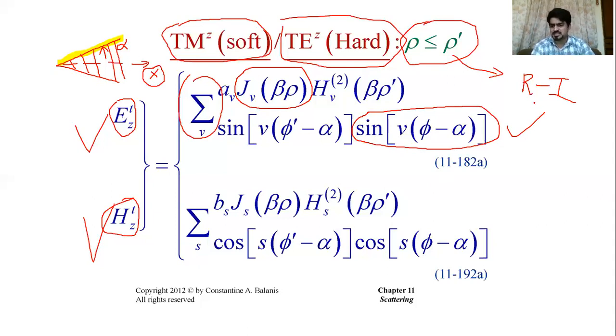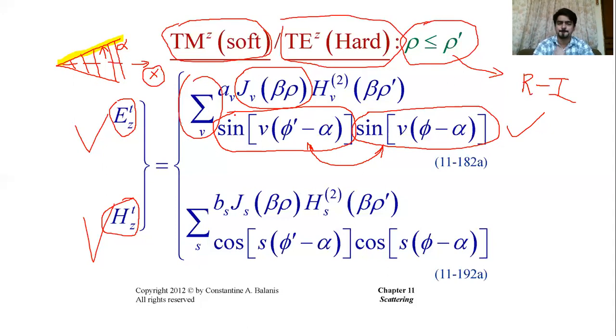And using the reciprocity theorem, we said that if we interchange the location of the transmitter and receiver, meaning your line source and the observer, then you should also have the same solution for a given problem. So the solution should remain unchanged. As a result, we also introduce another sine function, which is sine v times phi prime minus alpha.